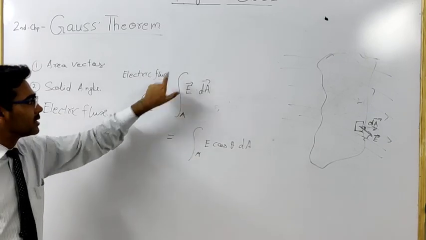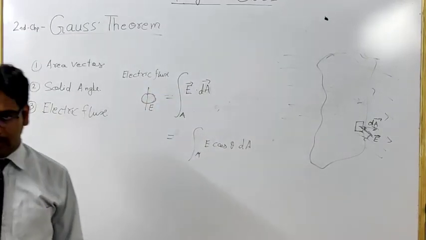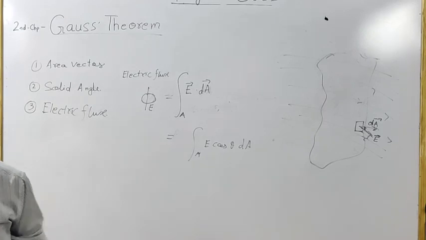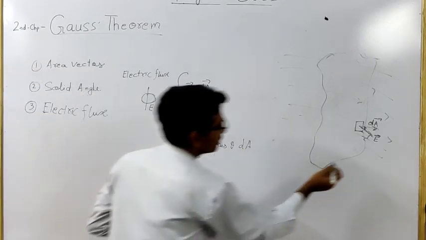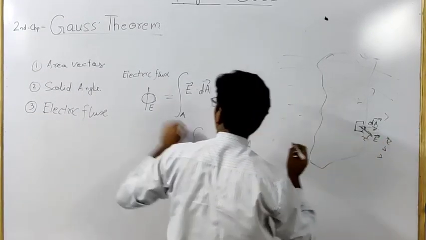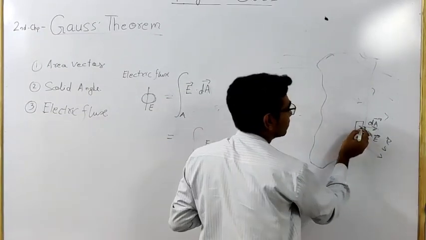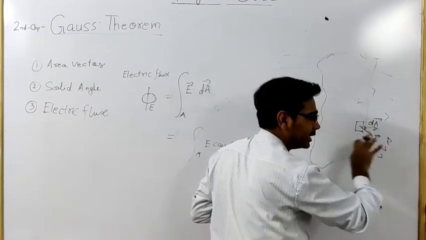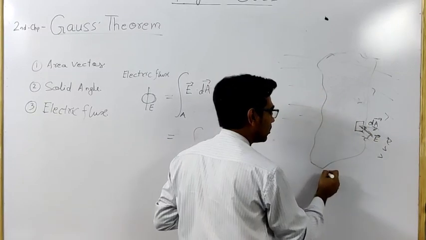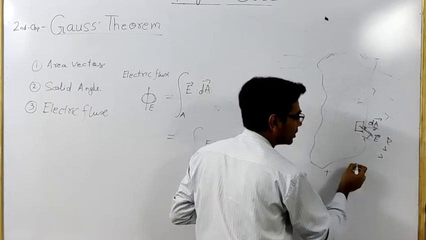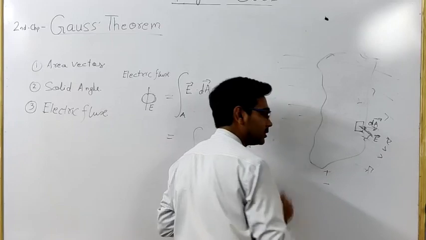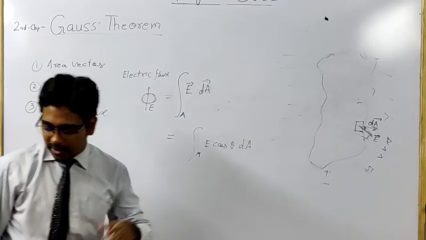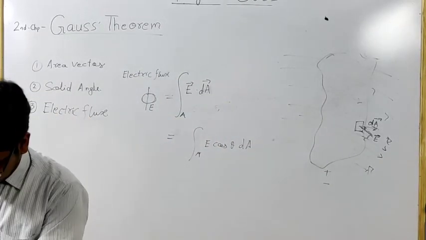This integral is the surface integral. When the lines of force are coming outward, leaving the surface, phi E is positive. If the lines of force are entering the surface, then phi E is negative. You can read it from the book also.